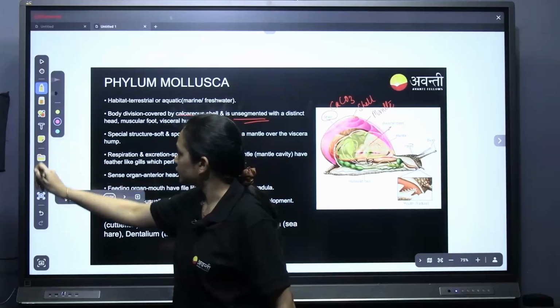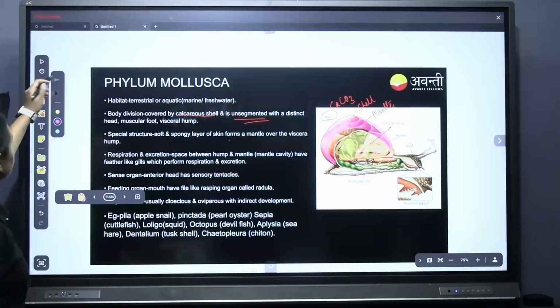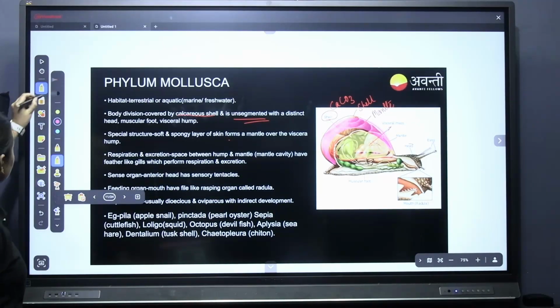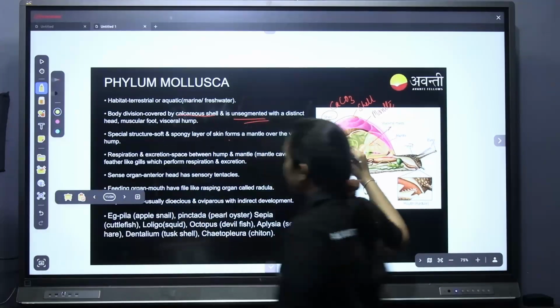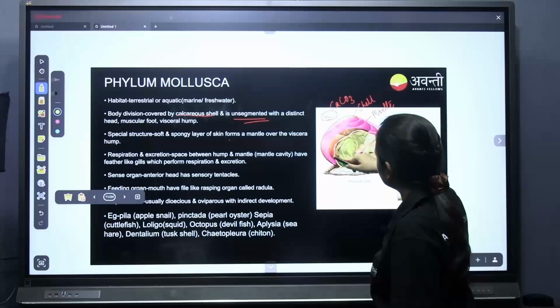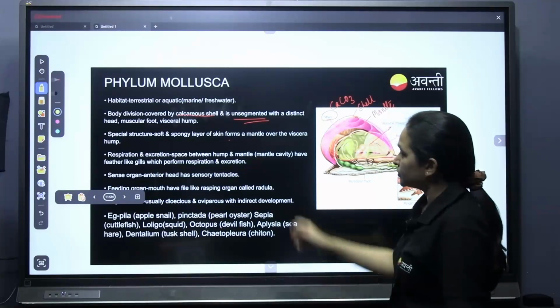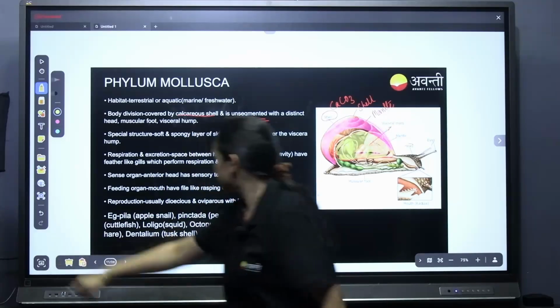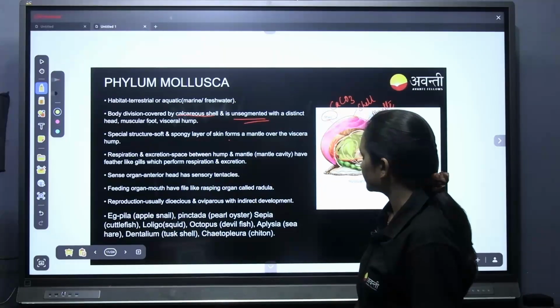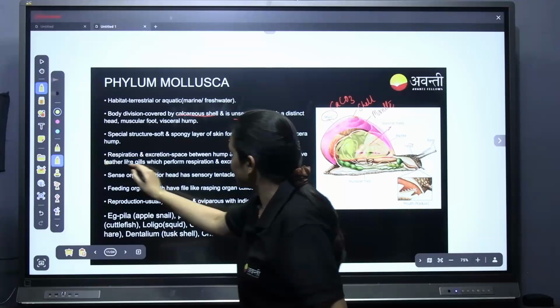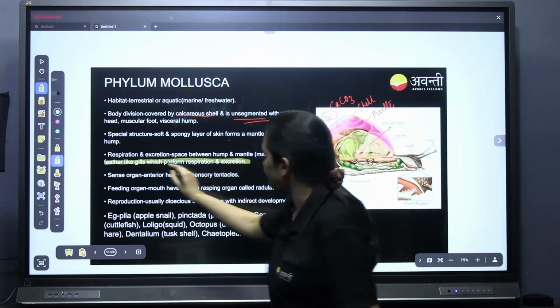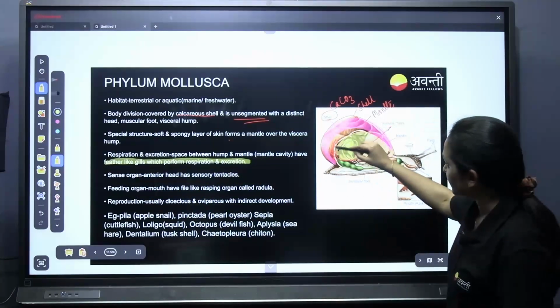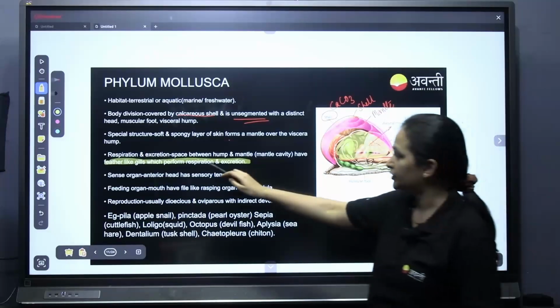I'll just change the color of the pen. So these are called feather-like gills, which perform respiration as well as excretion.